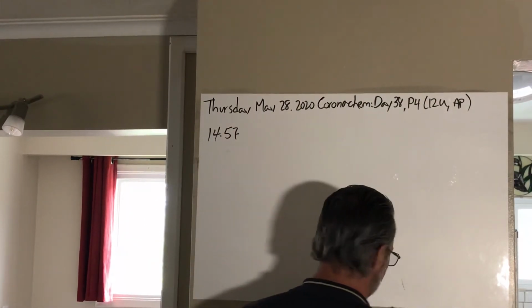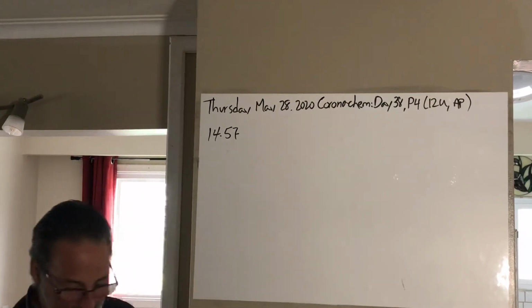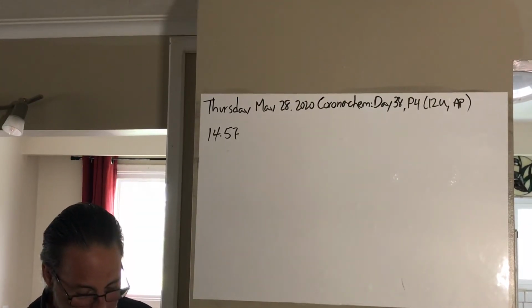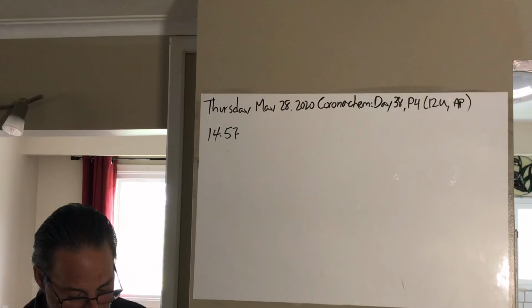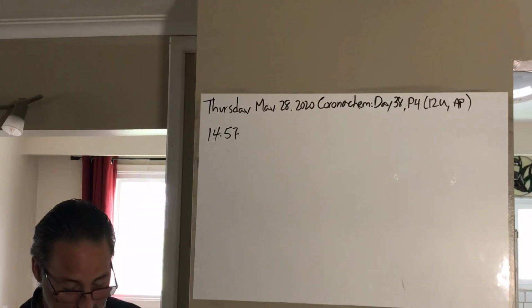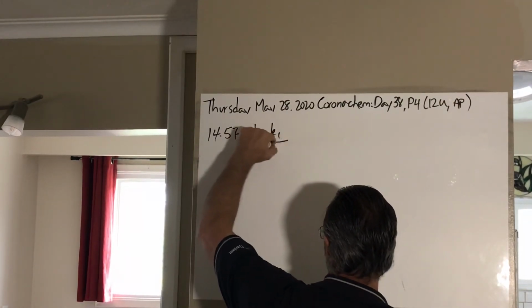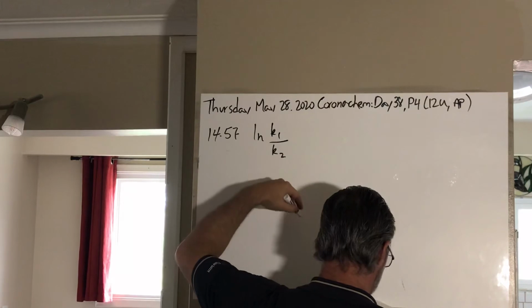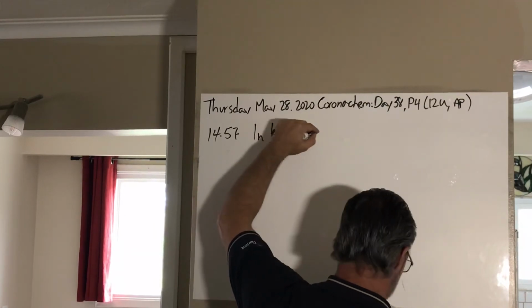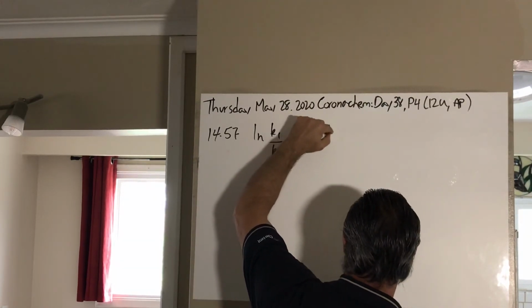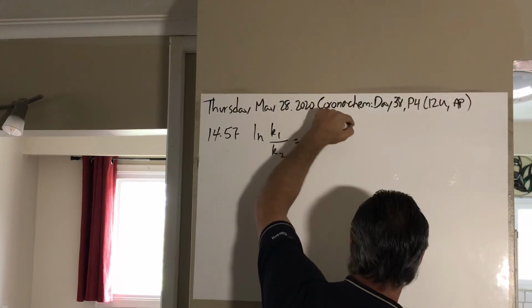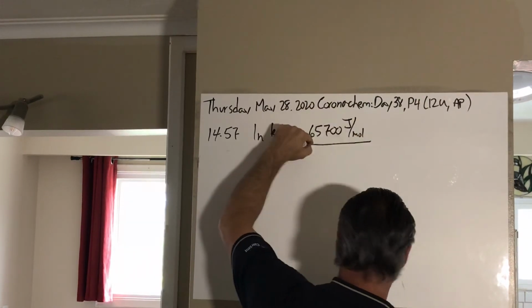The rate of a reaction may be represented by the magnitude of its rate constant. The difference in rate between two reactions may be quantified by comparing the rate constants at two different temperatures. So what we did is we had ln of K1 over K2, two rate constants at two different temperatures, and we converted the activation energy into joules per mole so that the units would work out.